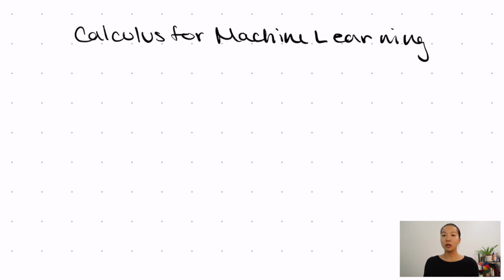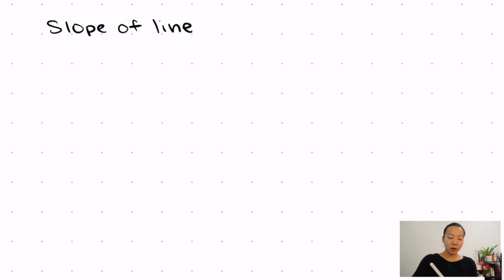Now, some of you probably don't even know what a derivative is. So for starters, we have to talk about something called slope, which you might be more familiar with. So, the slope of a line.